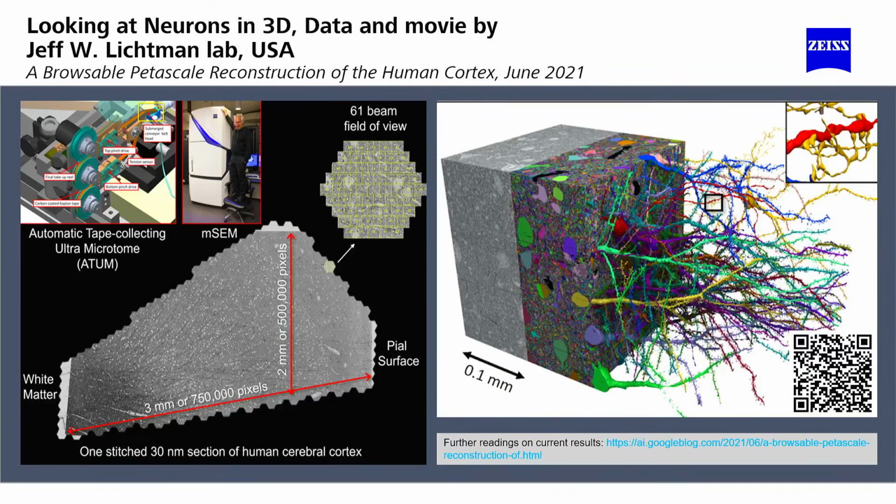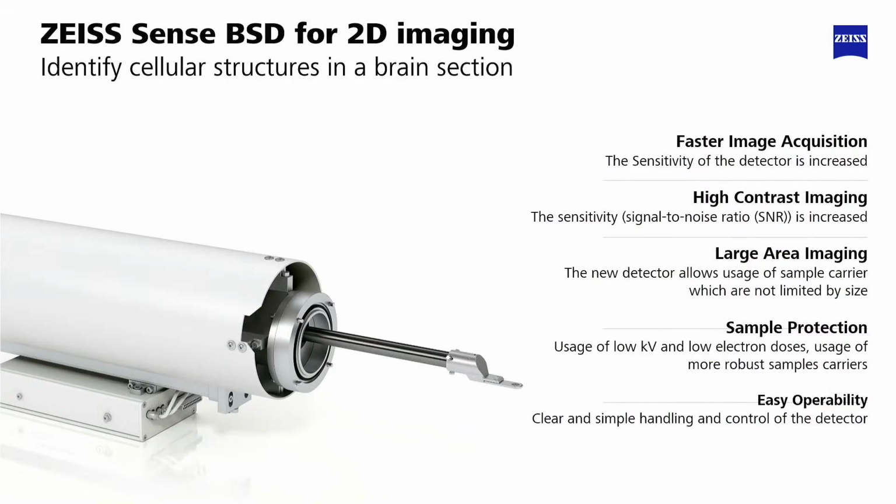So this is more on the image analysis side. What we have added to the field of array tomography in the recent past is a specialized detector which has special imaging capabilities for low kV imaging.